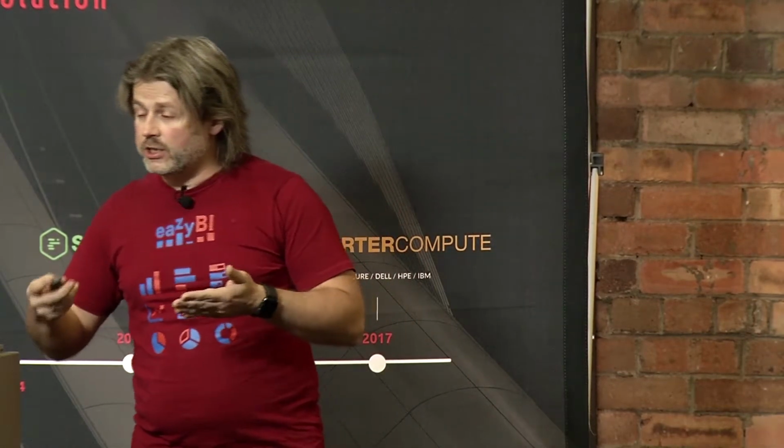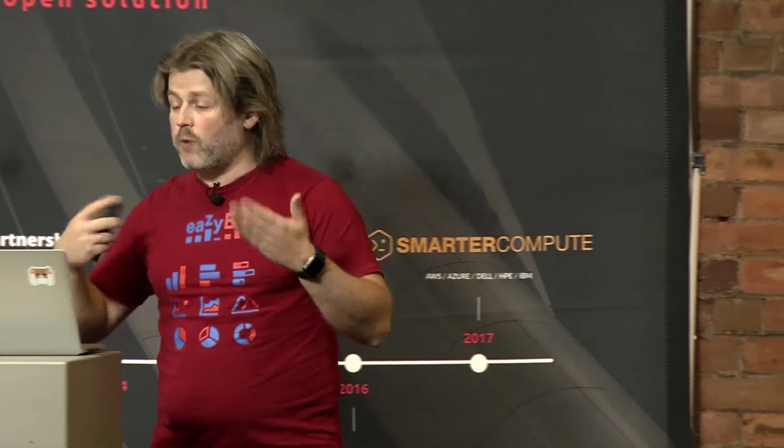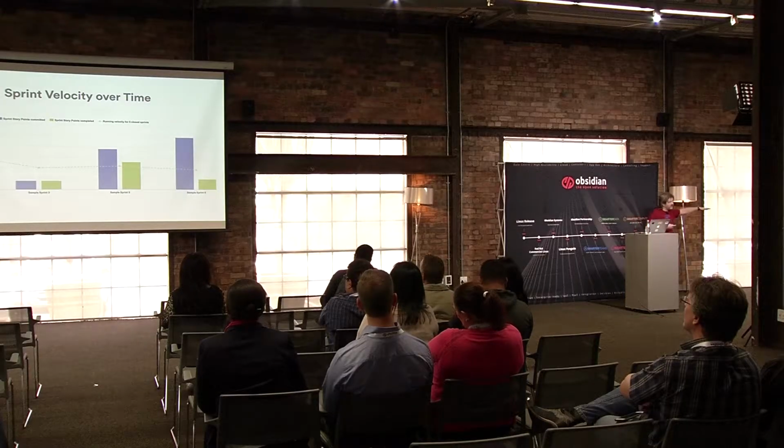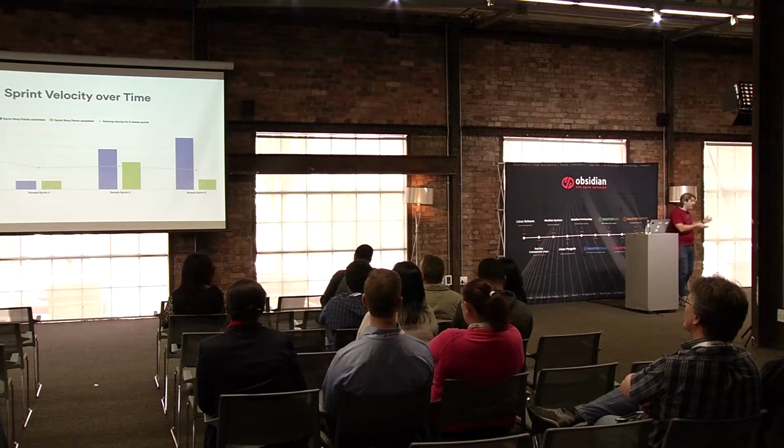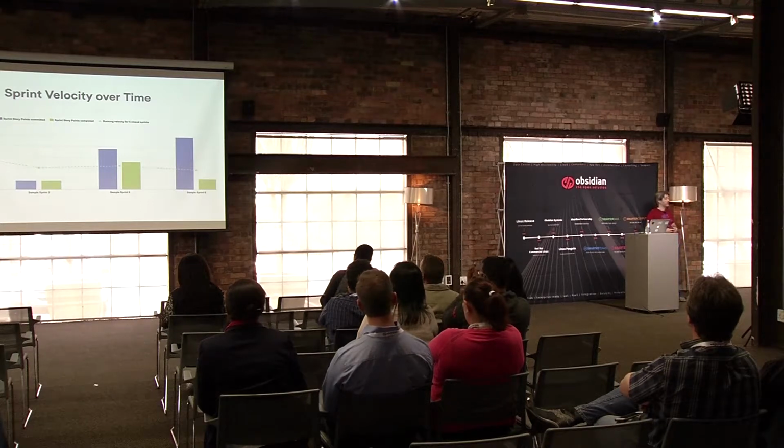And to see that, you can also calculate running averages, average running velocity for example, for the last 5 closed sprints. And by theory, it should stabilize, and if it's not, and if your sprint velocity is jumping all the time, up and down, then you can explore why is it so.